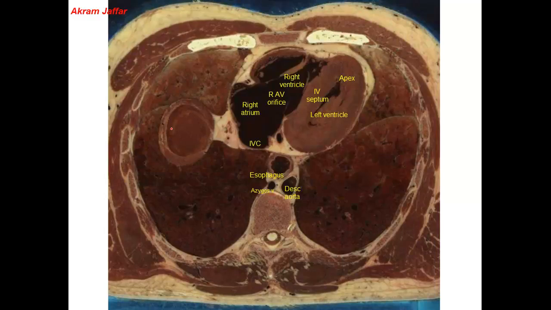In this section, we can see that there is something new that appeared in the fields of the lung, and this is the right dome of the diaphragm. The left dome of the diaphragm cannot be seen because the left dome is located a little bit lower than the right dome. The right dome of the diaphragm is higher than the left dome because of the presence of the liver on the right side.